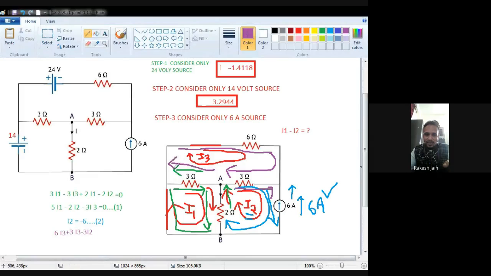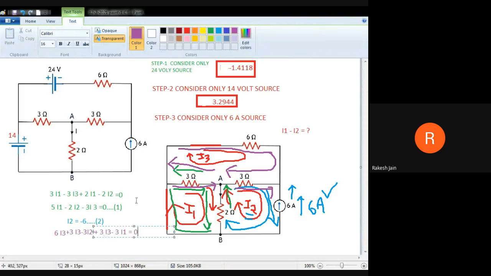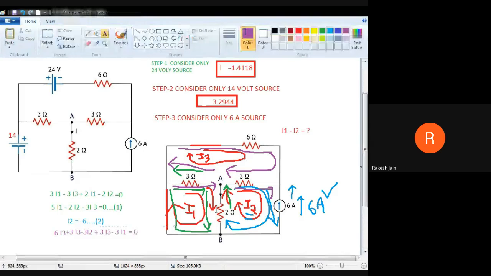Now for this 2 ohm resistance, my current is I1, so I write it with positive, and this is I2.